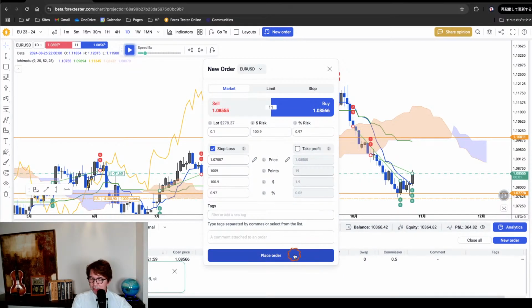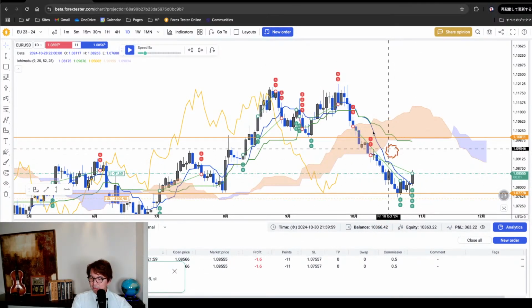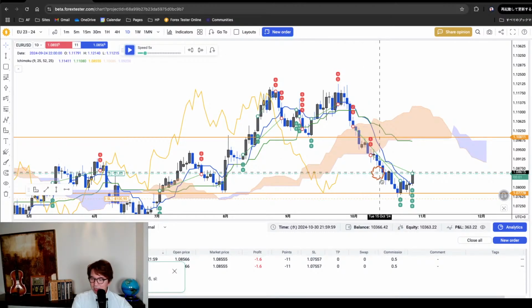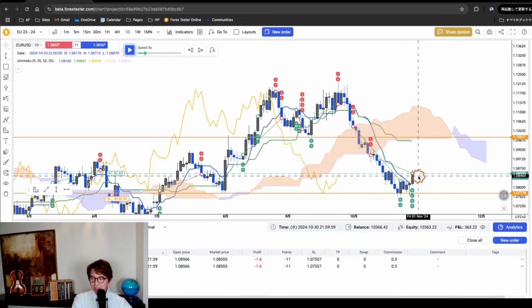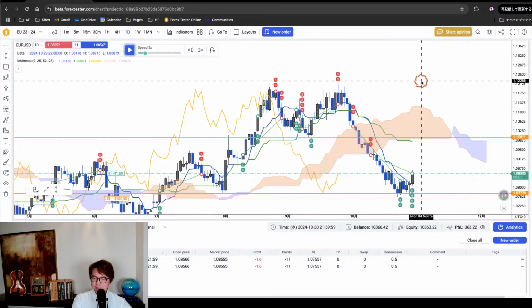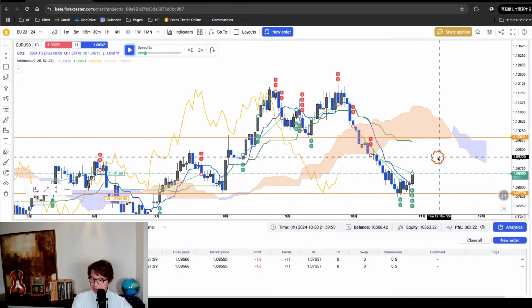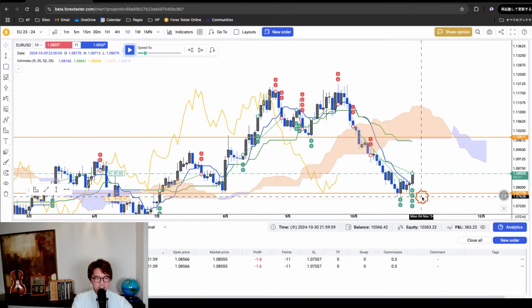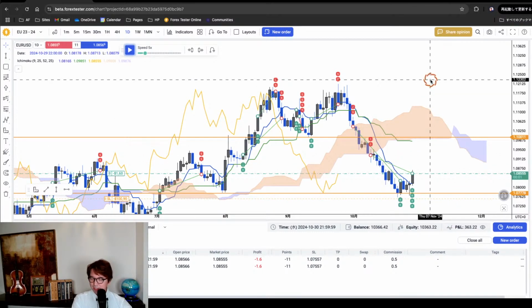This is like a reverse trade. The market goes down, you sell. The market retraces, Tenkan-sen breakout, and you buy, targeting the Kijun-sen. This is called the Kijun-sen retracement strategy. But if the market renews lower this time, then I exit with a stop loss and I sell instead from here, depending on the price action.